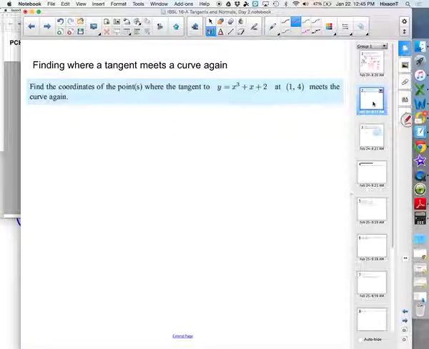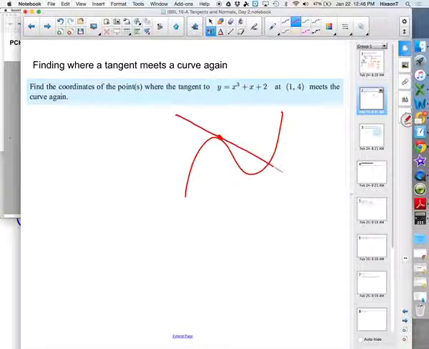When you're looking at it within a small range, that is true. However, because we're talking about functions like this cubic that are going to double back on themselves, I could have something that's tangent right here, but then over here it's going to hit that function again.